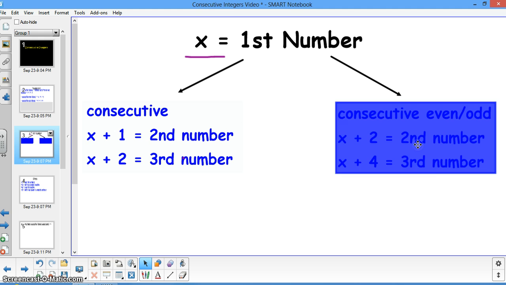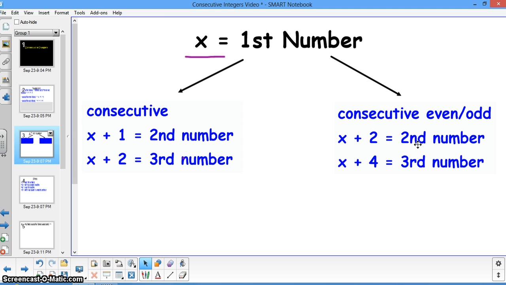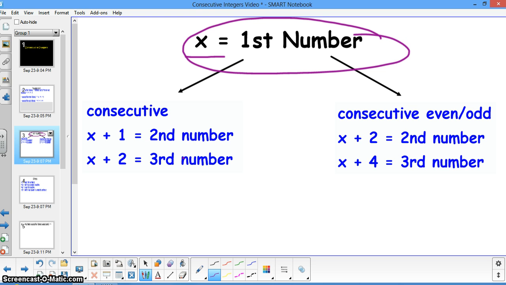Also, you'll look at consecutive even or odd integers. Consecutive even and odd would be x plus 2 for the second number, x plus 4 for the third number, and you'll see in examples. The main thing you need to remember again here is that x always represents the very first number.